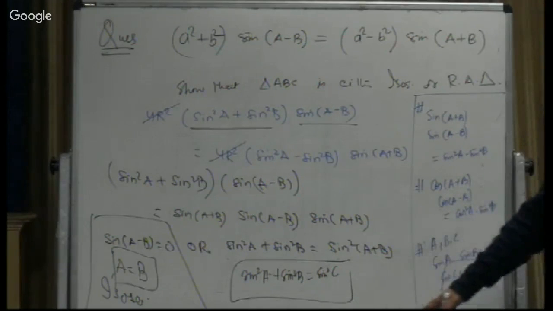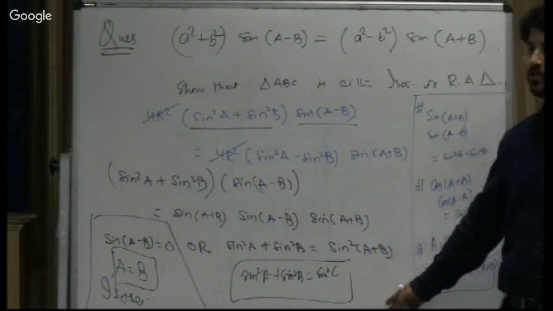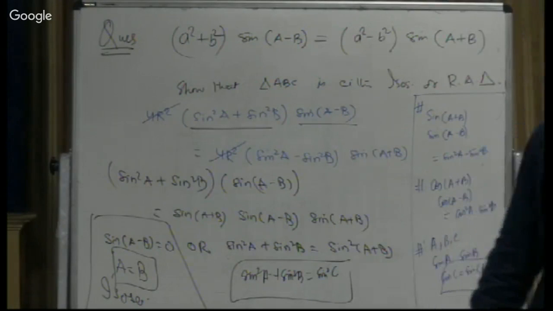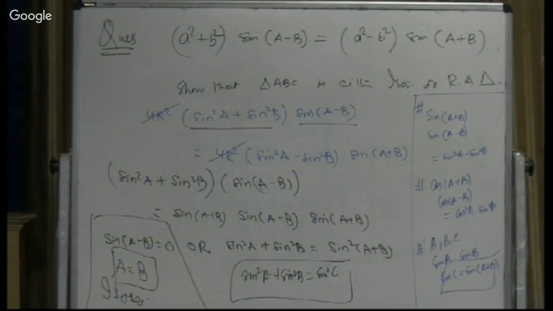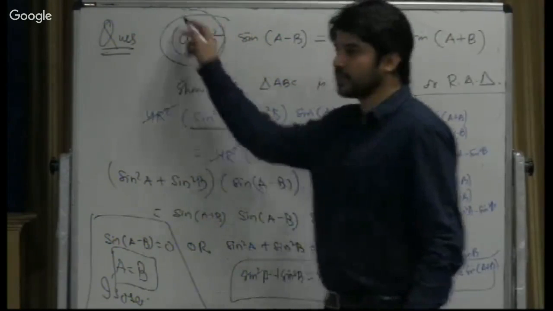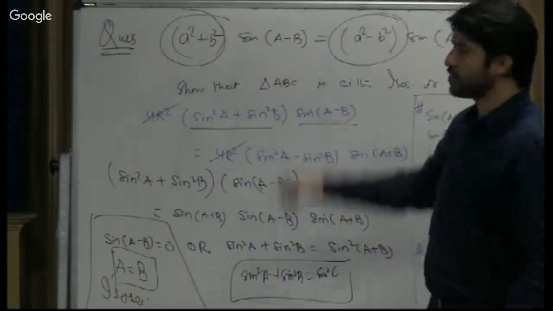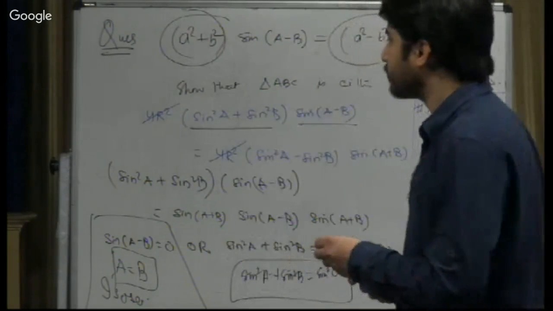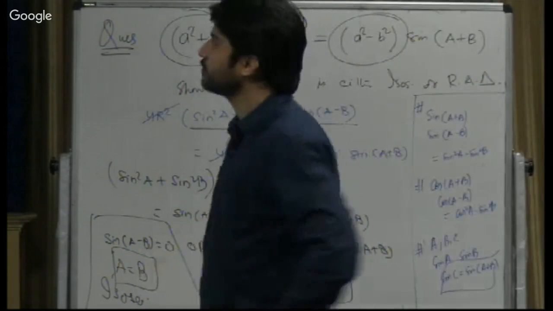Pythagoras theorem. So either Pythagoras theorem is true or they are isosceles. So hence proved. It was an IIT JEE question. Okay, so what is the idea behind that? Whenever you see the sides, you can use the sine rule, right?